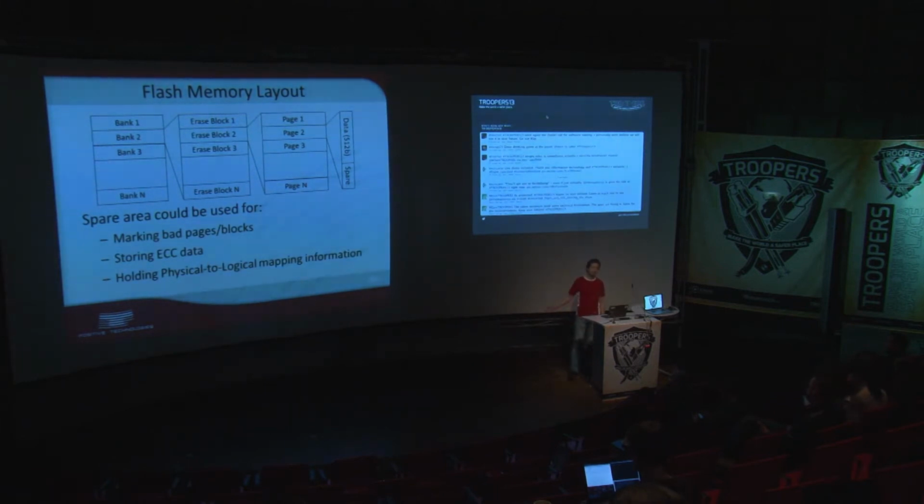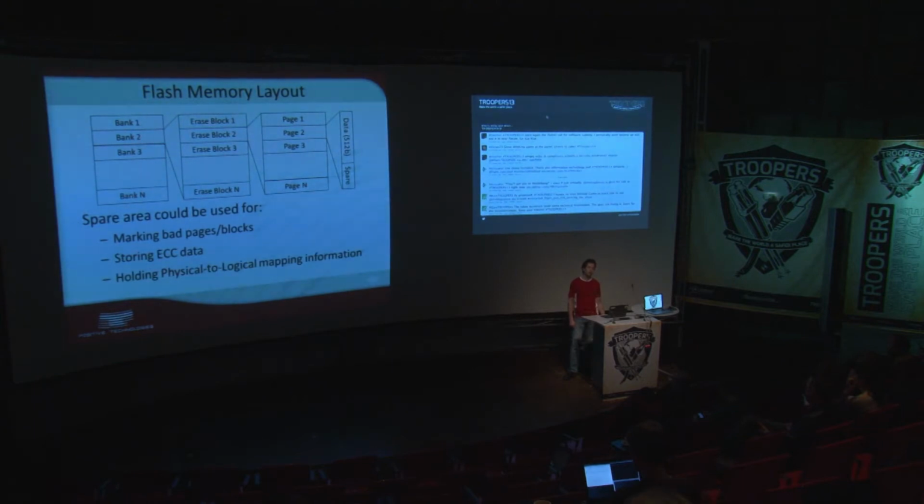And usually there are three types of data that can be written in the spare area. It's information that some page or the whole block is already broken, so it cannot be erased anymore. Also, there can be information about error correction. Some types of flash use error correction for ignoring, for example, a one-bit error.